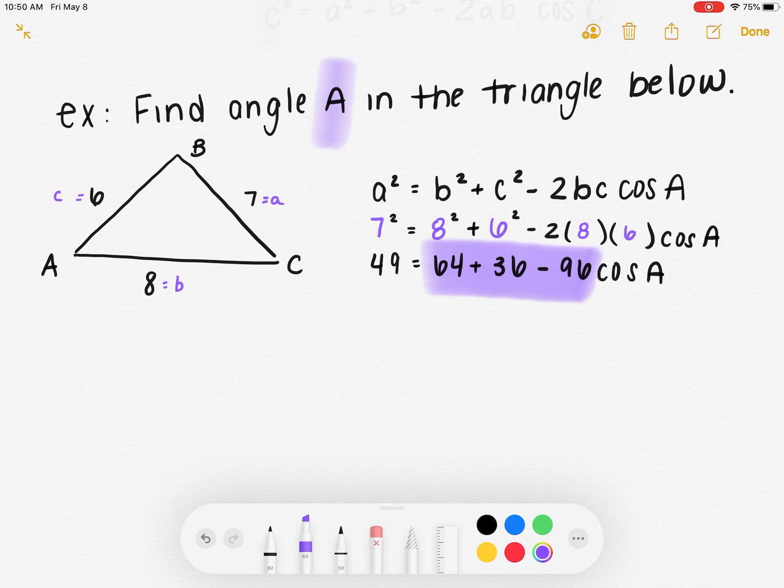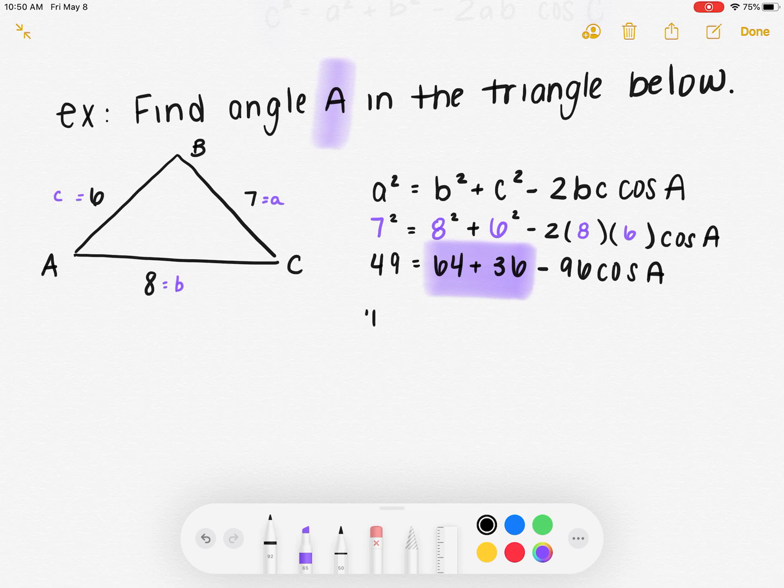You cannot include that minus 96 because the 96 is stuck with the cosine. So it's a totally separate term. They're not like terms. We can't add that 96 in there. But we can find 64 plus 36.